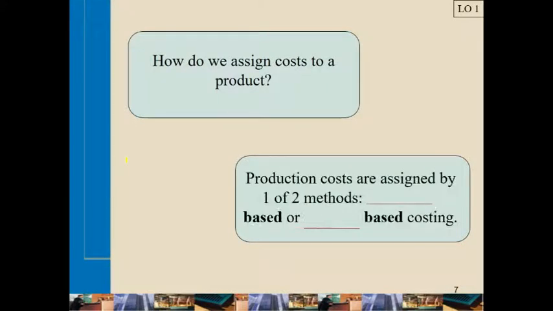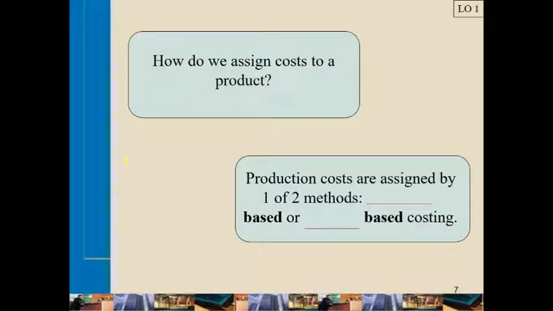Now, how do we assign cost to a product? The process of associating cost, once you already measured it, with the units produced, is called cost assignment.